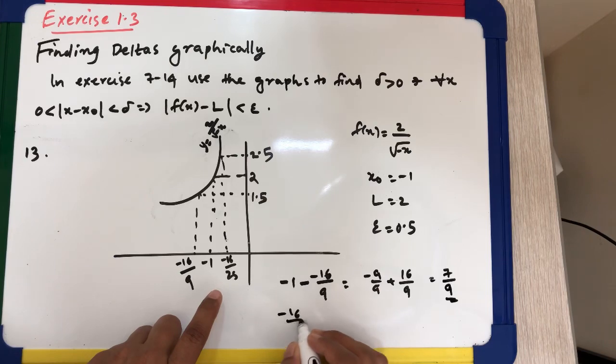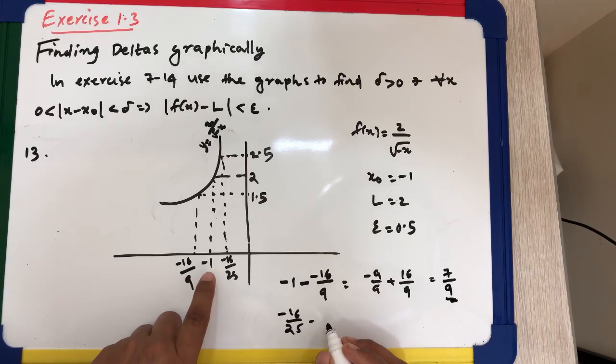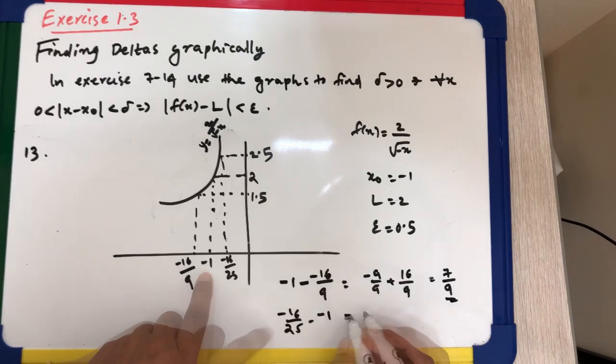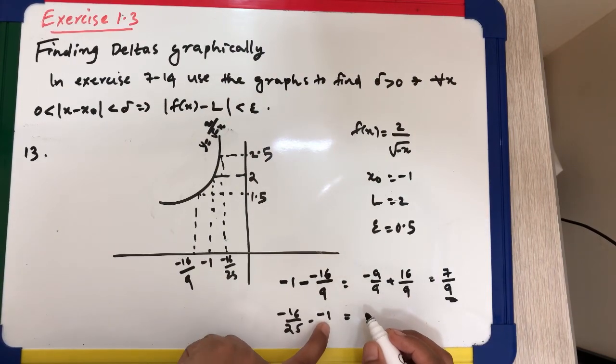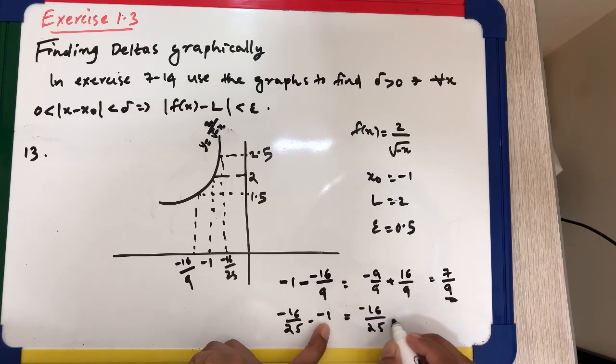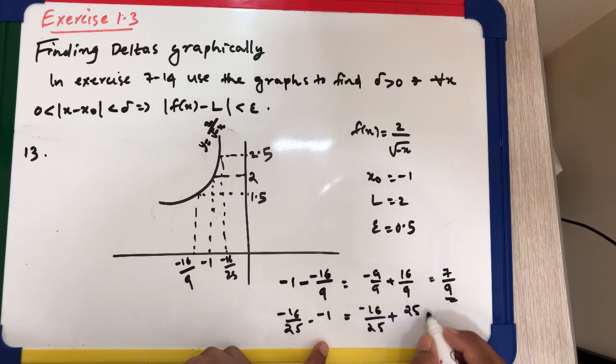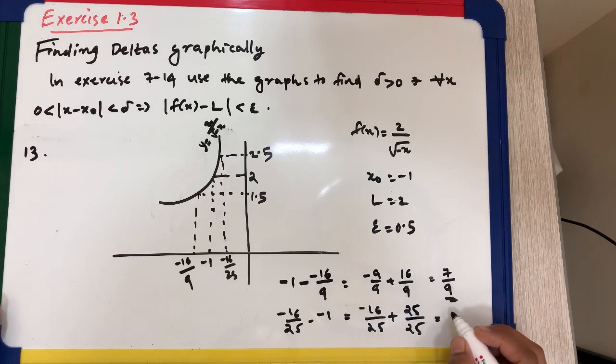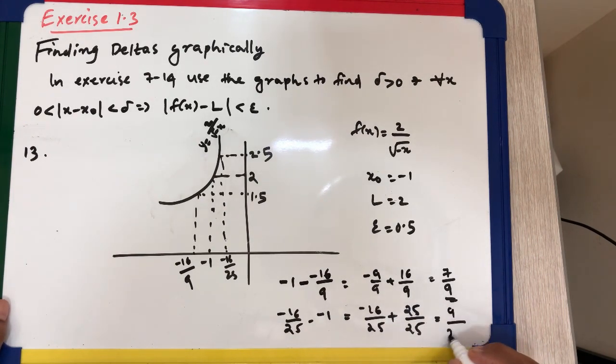is minus 16 by 25 minus 1. Instead of minus 1 we can write minus 25 by 25. Minus 16 by 25 plus 25 by 25 is equal to 25 minus 16 is 9 by 25.